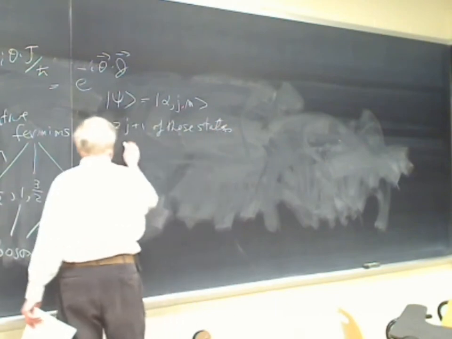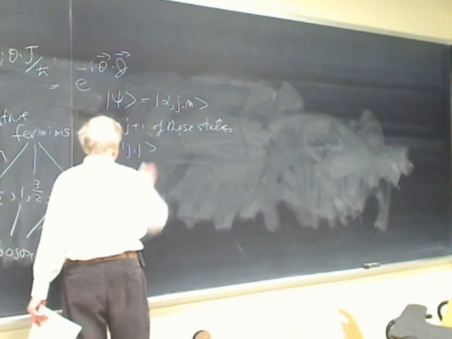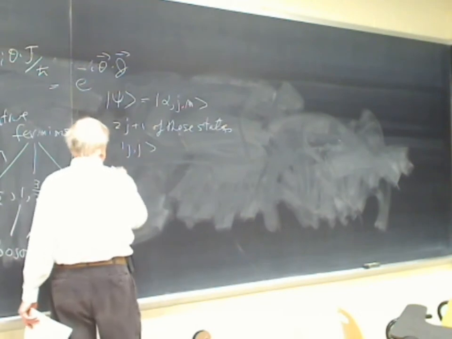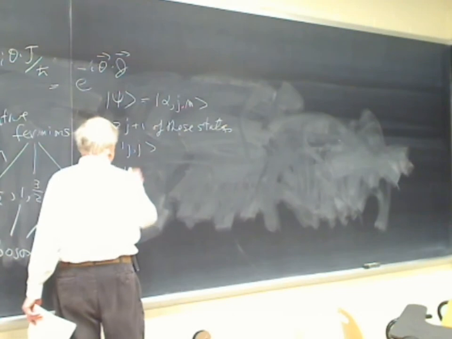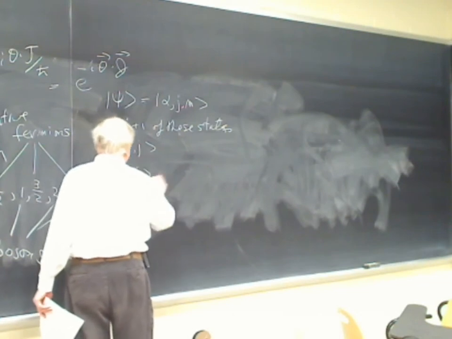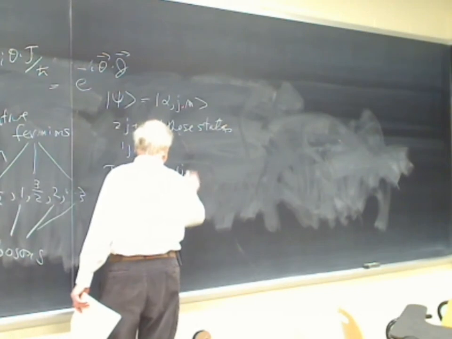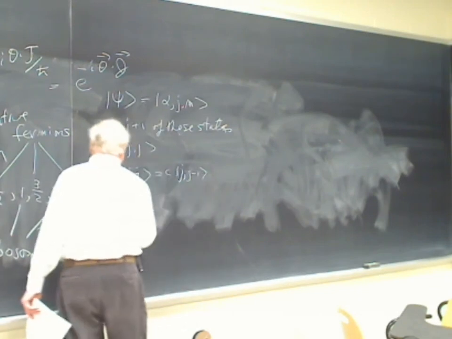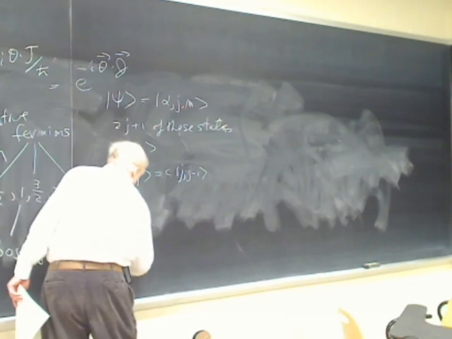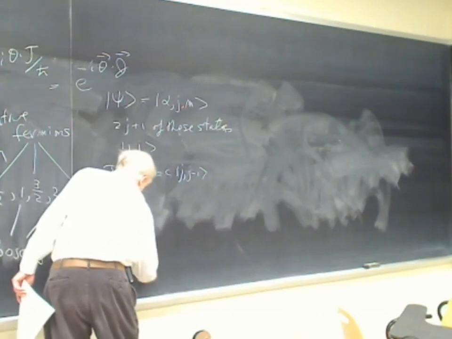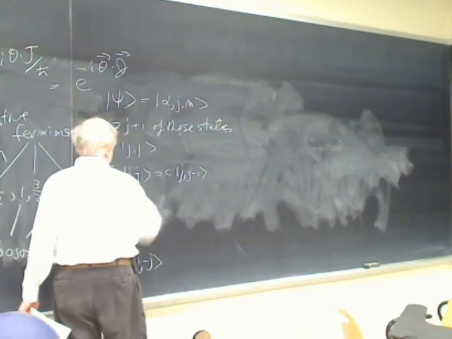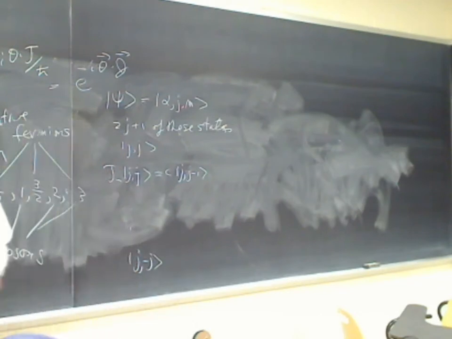which you can start at the top one, |j,j>, and then you act on that with J minus on |j,j>, and that will be some constant times |j, j minus 1>, and so forth, and then you can go all the way down to the state |j, minus j>. And altogether there are then 2j plus 1 of these states.